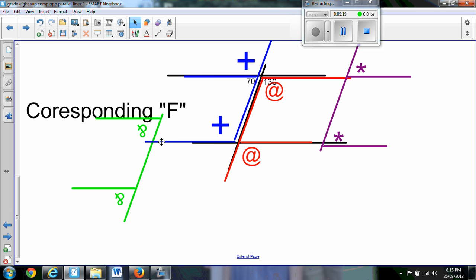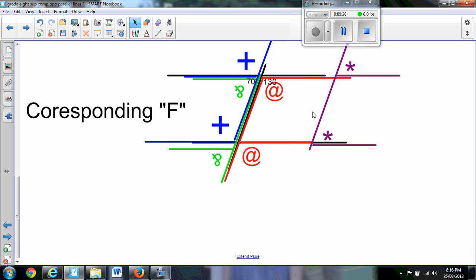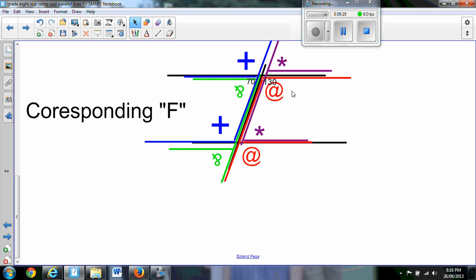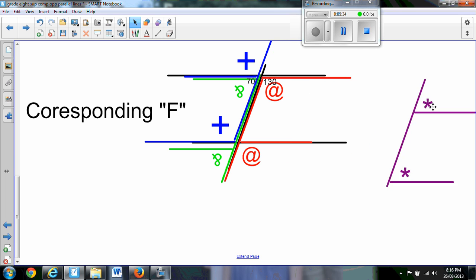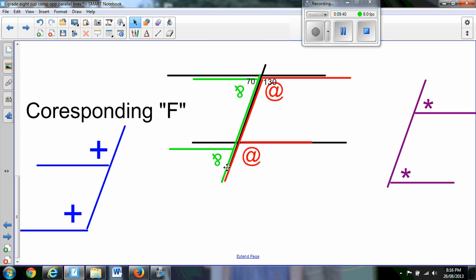Then we have our green one, which is right inside here, which would give us this one and this one. And lastly, our purple one, which gives us this one and this one. So if we were to do just a couple of quick questions with it, just to kind of see how we would use it, here's our first one.